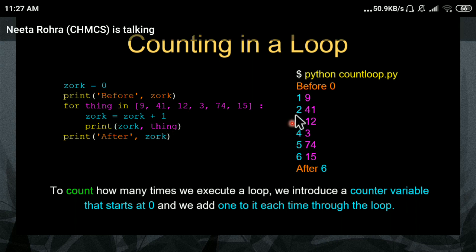The ones which you're seeing in blue are nothing but your counter variables, counting how many items or how many iterations are present. Check, after that it is not incrementing. Once you come out, you have the static value which says that these many reads were done from the sensor.